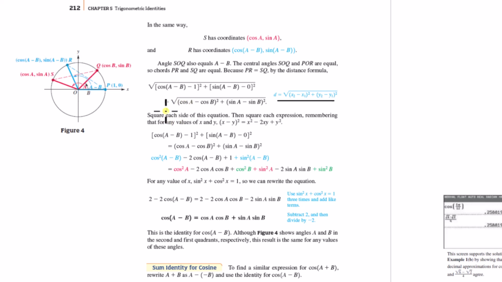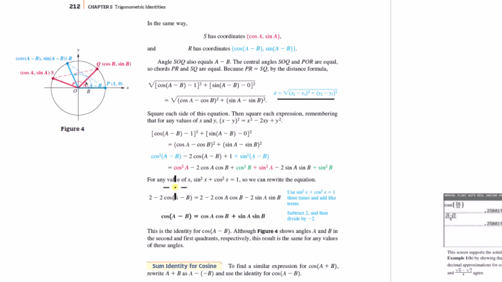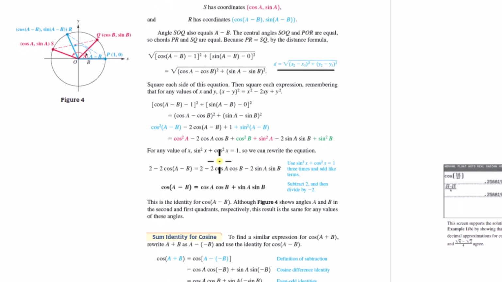Then they square both sides of the equation, which gets rid of the radicals, and then they expand out these squares here. They note the formula for the difference, x minus y squared, the perfect square trinomial formula, and so they expand it all out. Then they note the Pythagorean identity: sine squared x plus cosine squared x is equal to 1.